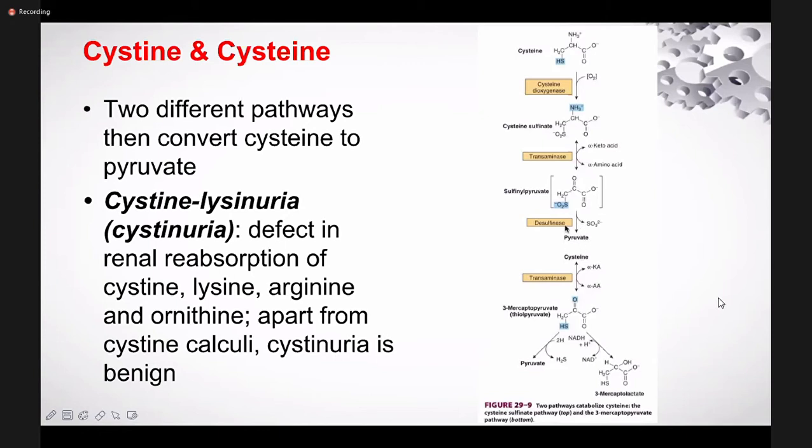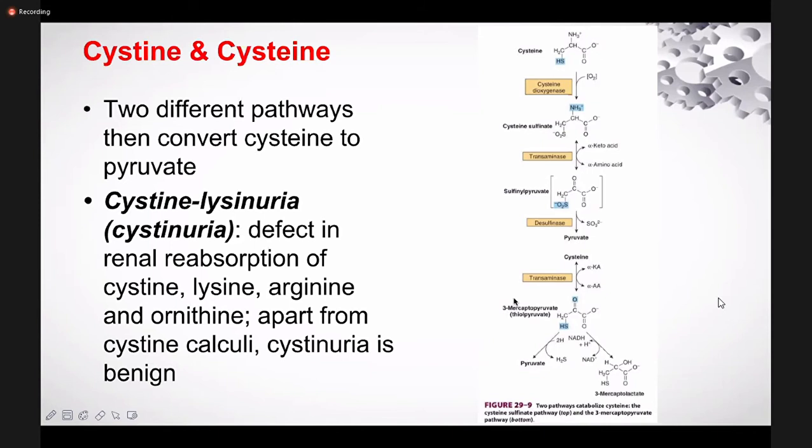So here, yung top pathway is called the cysteine sulfinate pathway. So this one on top. Well, the one here, lower figure is the 3-mercaptopyruvate pathway. So they have actually two pathways for cysteine for it to become pyruvate as the end product.